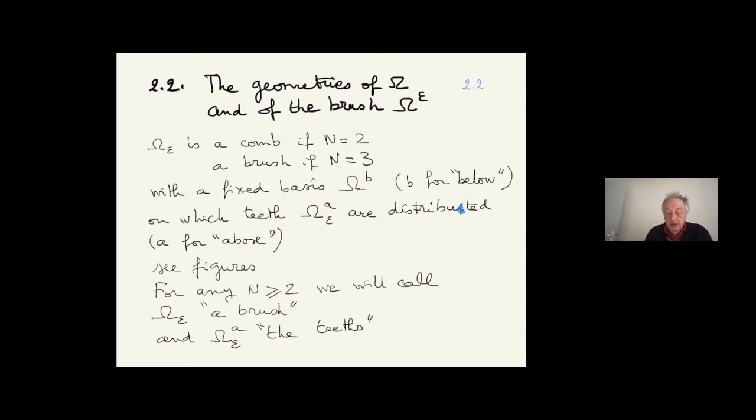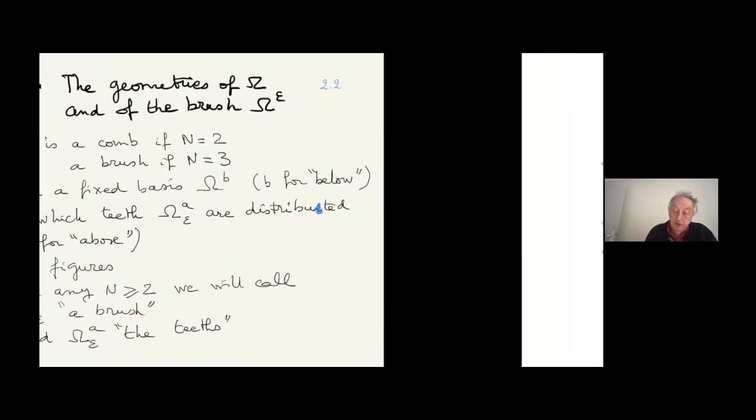Okay, and for every n more than or equal to 2, I will call omega epsilon a brush, even if in dimension 2, this is really a comb. And omega a epsilon will be the teeth. Okay?